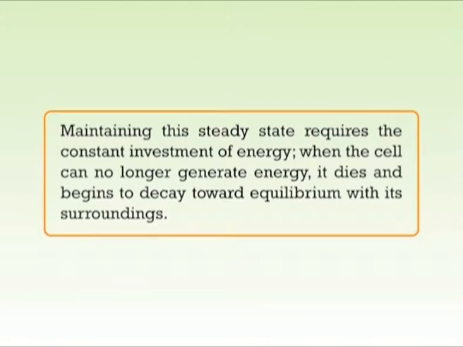Maintaining this steady state requires the constant investment of energy. When the cell can no longer generate energy, it dies and begins to decay towards equilibrium with its surroundings. So, living organisms exist in a dynamic steady state, never at equilibrium with their surroundings.